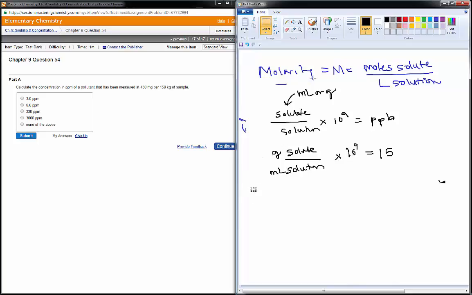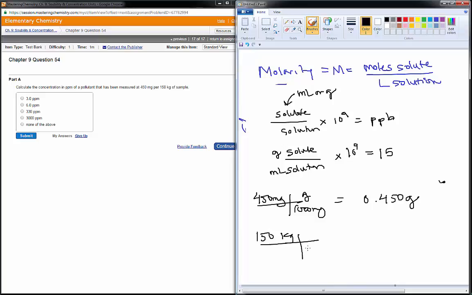So 450 milligrams at 1,000 milligrams per gram gives me 0.450 grams of solute. 150 kilograms at 1,000 grams in a kilogram gives me 150,000 grams.